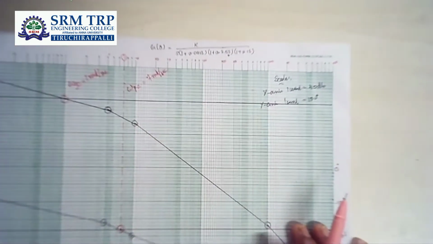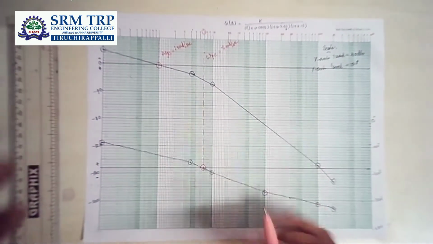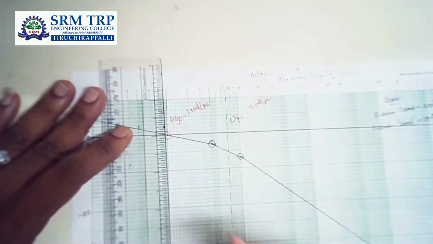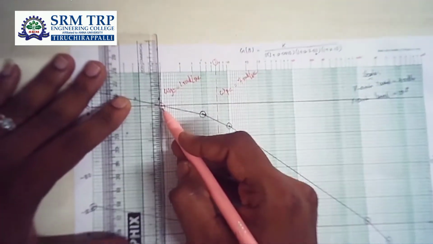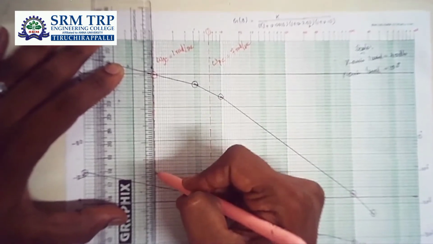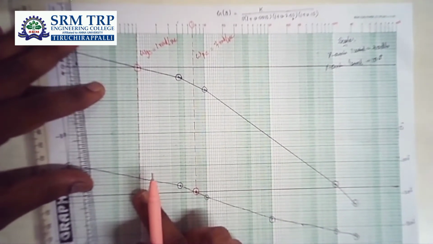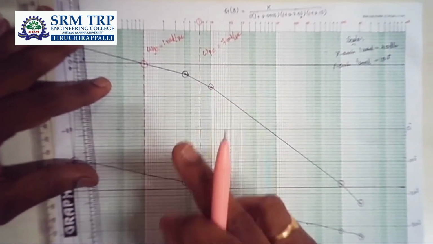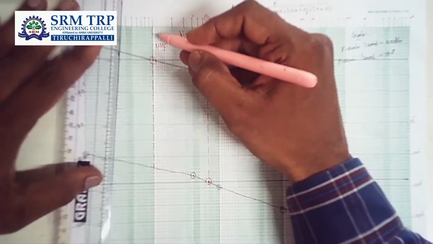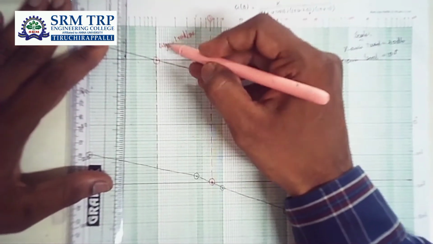Phase margin is nothing but the phase value at gain crossover frequency. So I know this is the gain crossover frequency line. I am going to extend this line to meet my phase plot. Always, phase margin is taken from the phase plot and it corresponds to the gain crossover frequency.